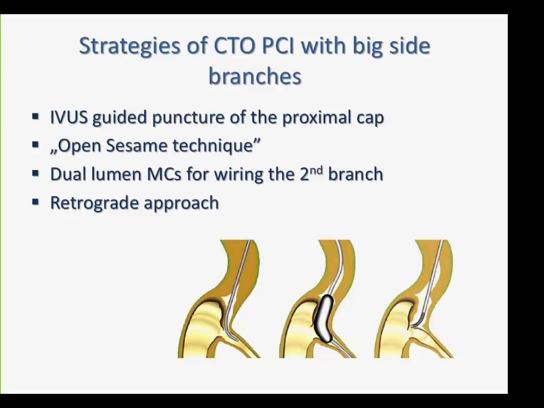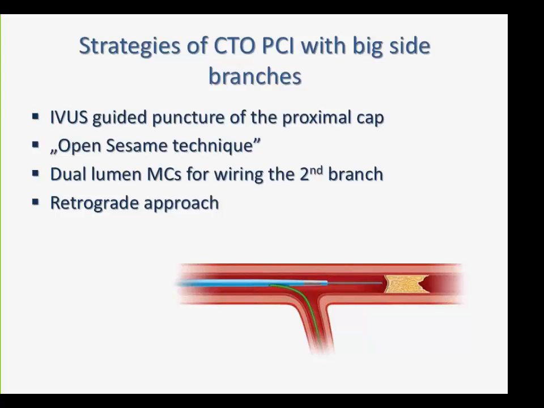This balloon dilation will modify the proximal cap, modify the morphology of the entrance into the main branch, and with a second wire, or with repositioning of the first wire, we can get into the distal main branch.